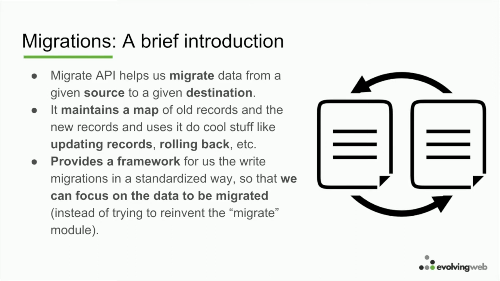Then you use migrations. You tell it, I have the CSV, I want to create nodes with it, and it will create it. So you can do the same thing with other content types in Drupal, like taxonomy terms, users, and you can use a variety of sources. We'll talk about that.